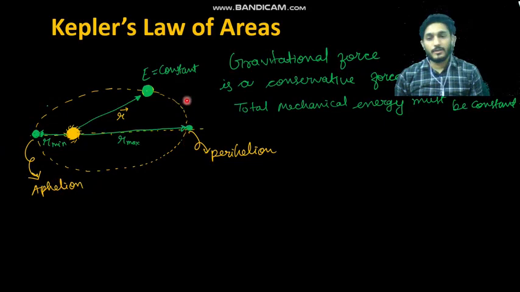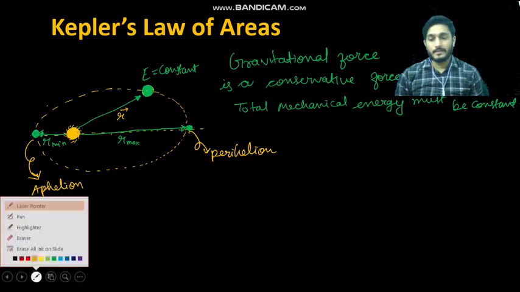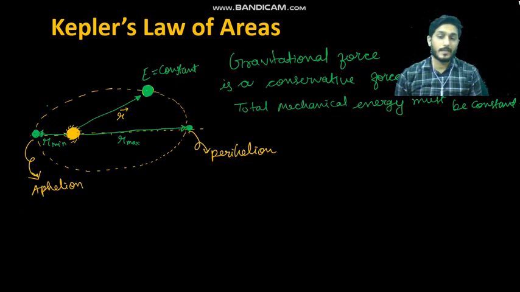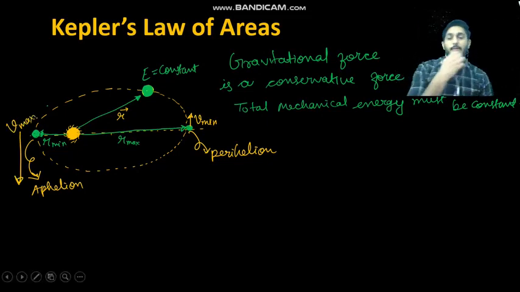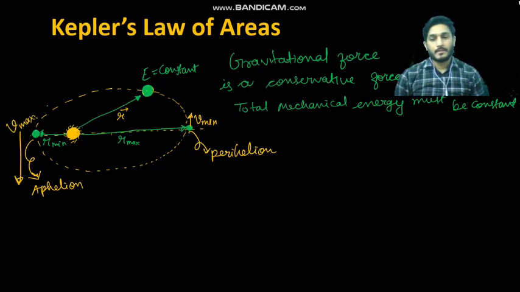Since the angular velocities are slow here and fast there, linear velocity must also follow the same pattern. At the point of maximum separation the planet must have minimum linear velocity, and at the point of minimum separation the planet must have maximum linear velocity, right?